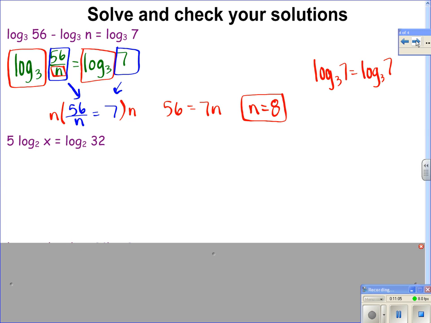Let's try another one. On this one, we're going to want to move this so that it looks like the combined form of x to the 5th, log base 2 of 32. Notice we have log 2 and log 2, so these also have to be equal.